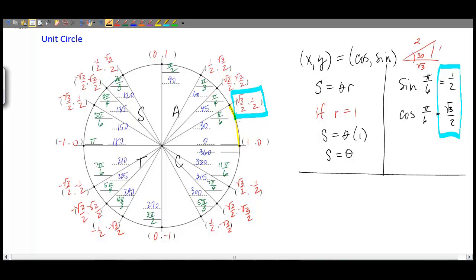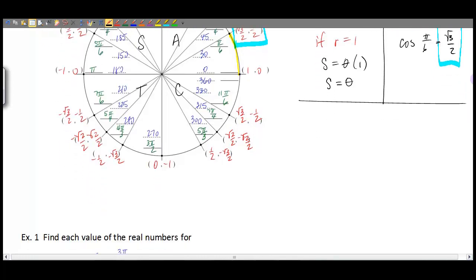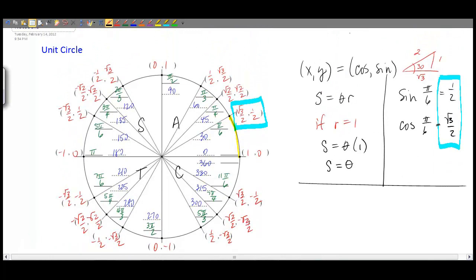Hopefully you're relating all of that together with the unit circle, and how that relates to the arc length from the previous section, because it's all really important. The other thing I want to point out before we move on, as you're memorizing this, is that this first quadrant is really just symmetric and reflected all the way around the unit circle.